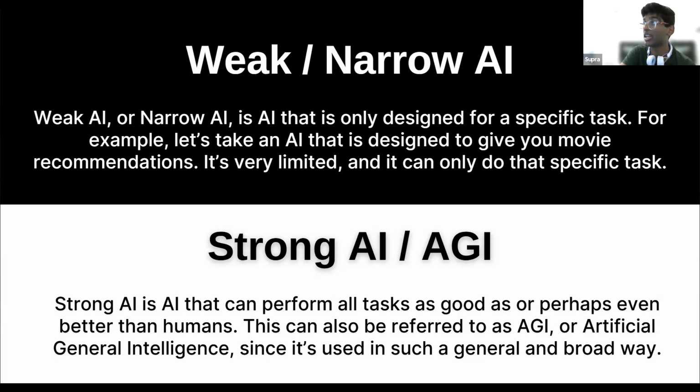So for example, let's take an AI that is designed to give you movie recommendations. It's very limited and it can only do that specific task. If you program it to only give you movie recommendations, it's not going to have a conversation with you too. It's only going to do what it's told to do. So that's weak or narrow AI. Any questions about it?